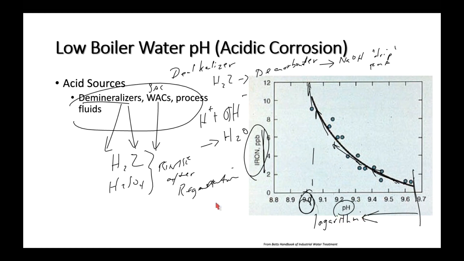So if I went from, say, a pH of 9 to a pH of 8, you go, that's only a pH decrease of 1. But it's actually a 10 times increase in the concentration of hydrogen ions in the water, going from 9 to 8. So logarithmic scale, keep that in mind.